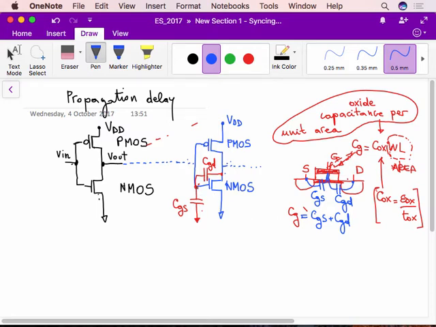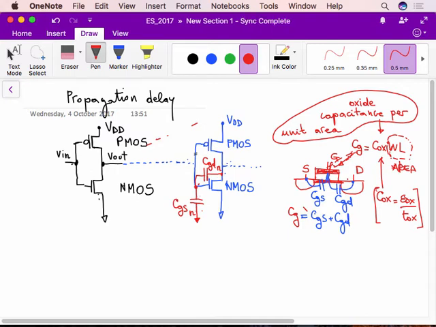So this is why I have indicated on this circuit only the two separate capacitances. Of course, if we want to be more specific and indicate that these two capacitances are referred to the NMOS, we should write CGS-N and CGD-N, where this N indicates that we're referring to the NMOS.